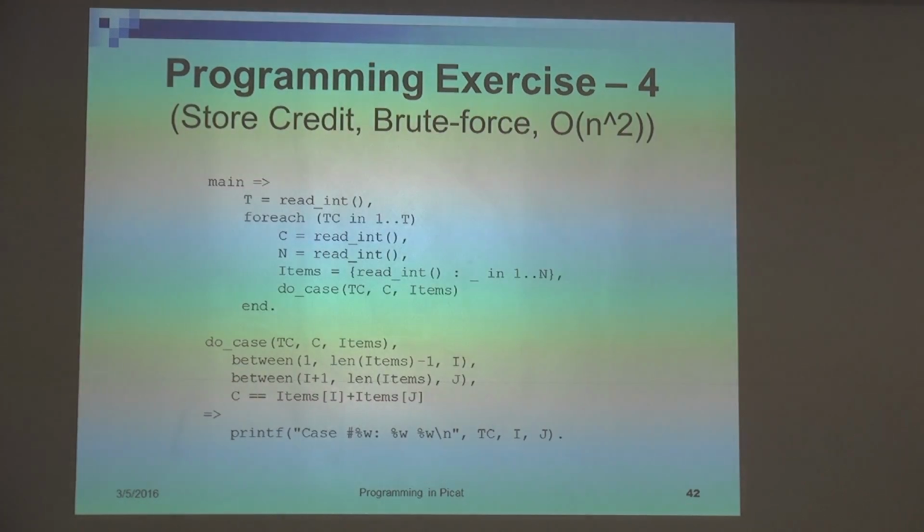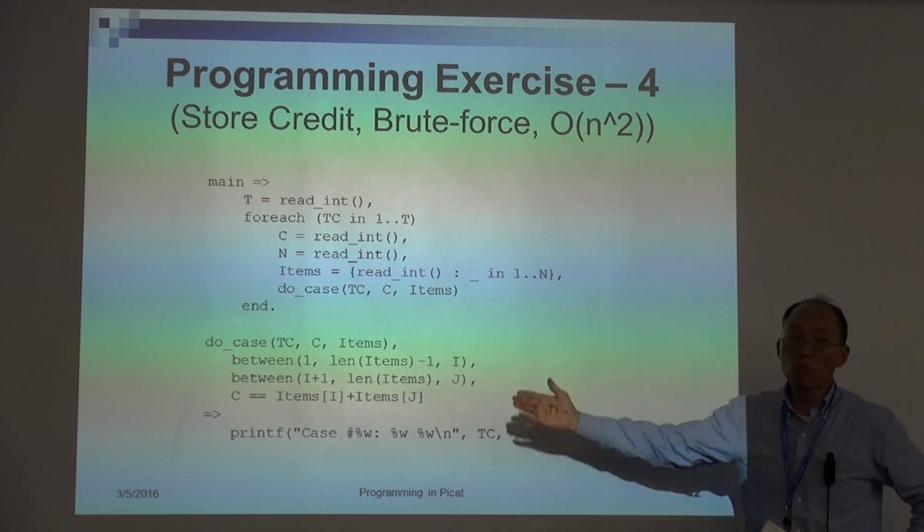So we can do it in Picat this way. First, reading the number of test cases, T, and for each test case, we read the store credit, and we read the number of items. And then we use an array comprehension to read all the items, all the prices. And then we call do_case. What do_case does is use between.